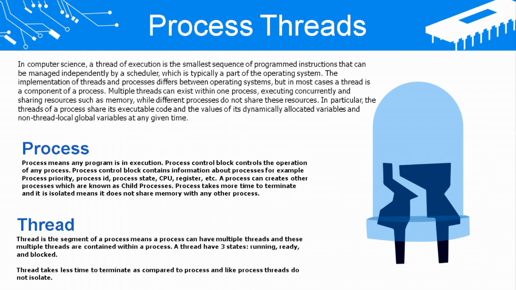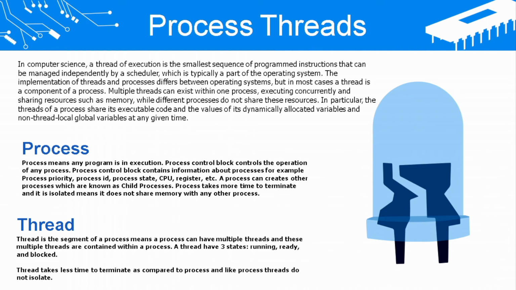Multiple threads can exist within one process, executing concurrently and sharing resources such as memory, while different processes do not share these resources. In particular, the threads of a process share its executable code, the values of its dynamically allocated variables, and non-thread-local global variables at any given time.